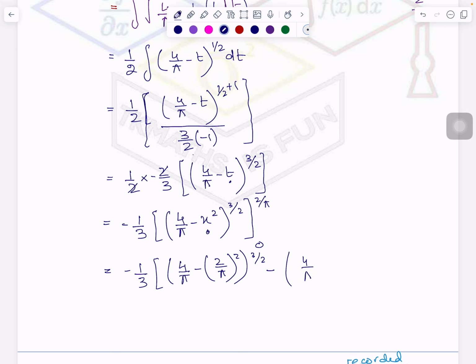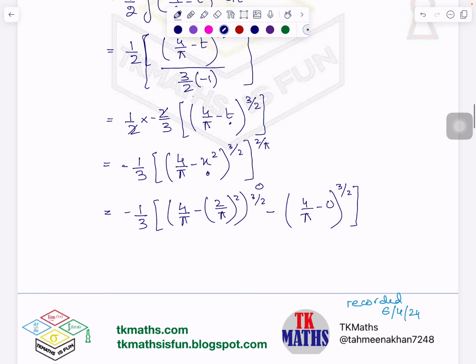Okay. Sorry, let me just write it properly here. Now, let me change the color. So it is equal to minus 1 over 3.